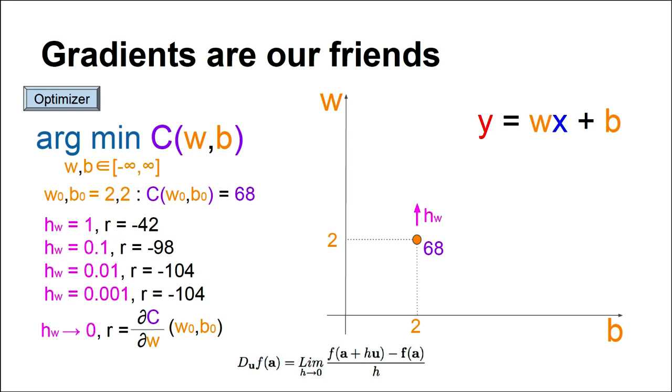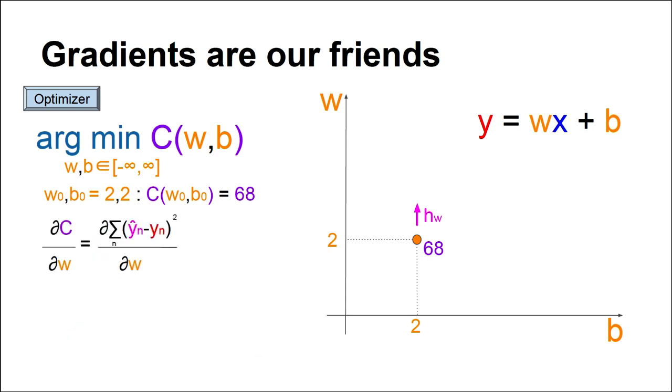A derivative of a function with regard to that variable is what will happen if you take an infinitely small step towards that direction. So what this means is that we only have to compute the derivative of the cost to know which direction we need to go to make the cost become smaller.